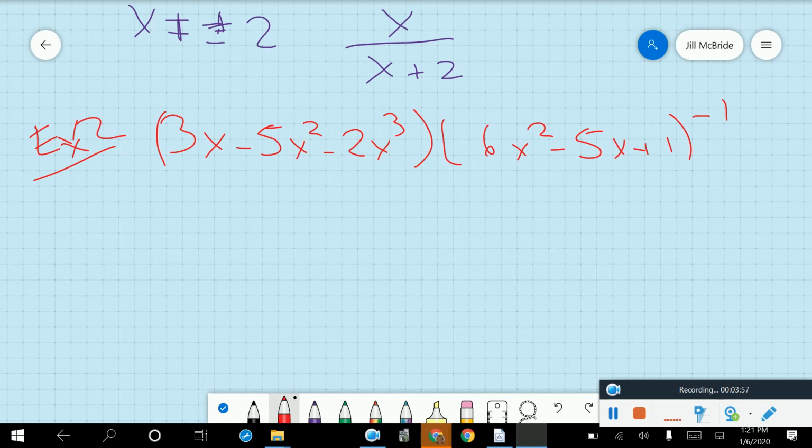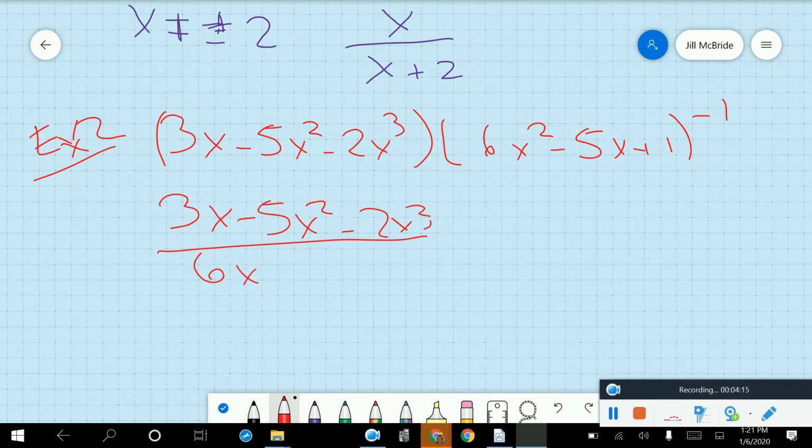So if we remember correctly, anything to the negative 1 power simply moves it to the denominator. So we actually do have a rational expression here. The 3x minus 5x squared minus 2x cubed stays in the numerator, and the 6x squared minus 5x plus 1 moves to the denominator because it's to the negative 1 power.